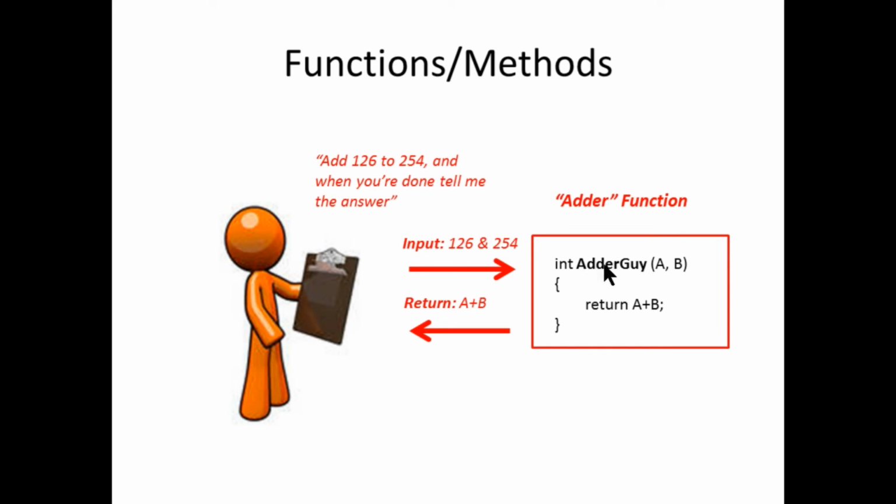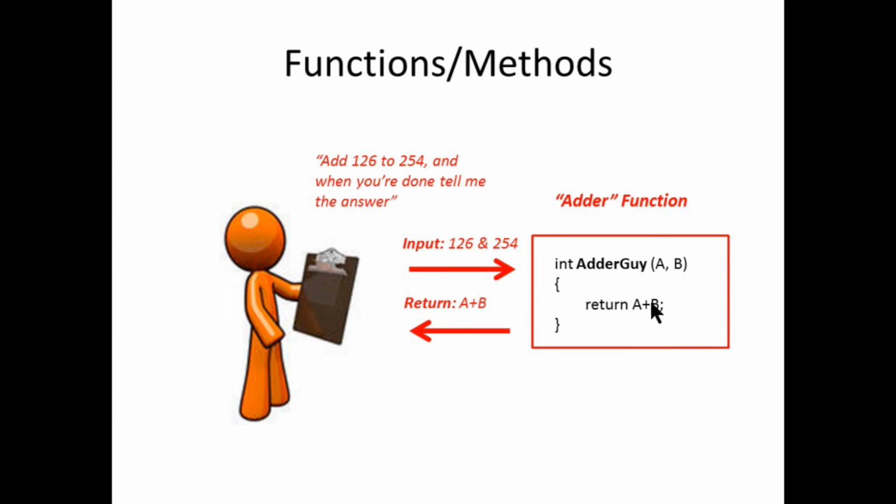I've called the function adder guy, and I am passing two parameters. I'm inputting two numbers inside this parenthesis, A and B, which are these input numbers 126 and 254. I pass these two parameters, or I input these two numbers. The adder guy function in C# adds them.